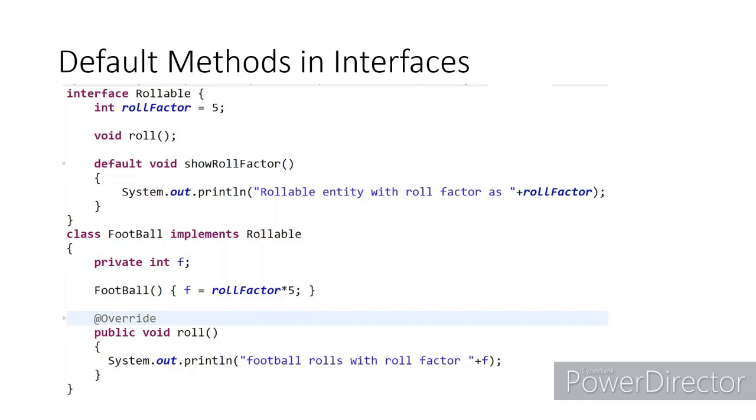And at the same time, it should not be a compulsion that my implementation class should override it. So that I need not modify my football class, I need not modify my tire class, I need not modify any other class which is implementing rollable. So that was the requirement.